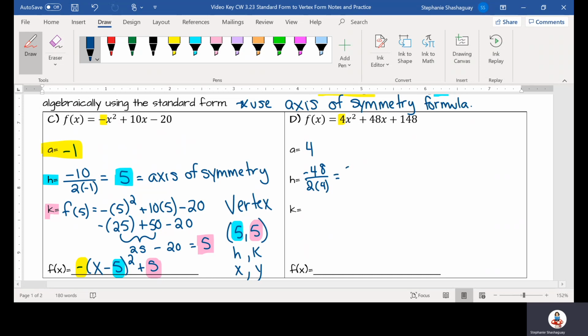So that's going to be negative 48 divided by 8, which is equal to a negative 6. So if I write this over here to the left, the x value, or the h value, in my vertex is going to be negative 6.